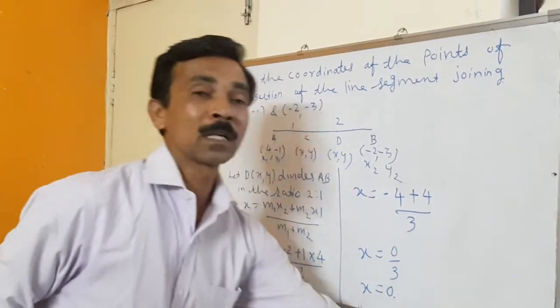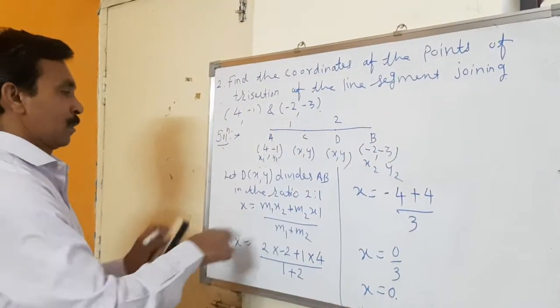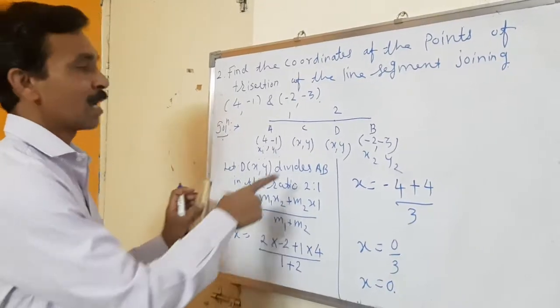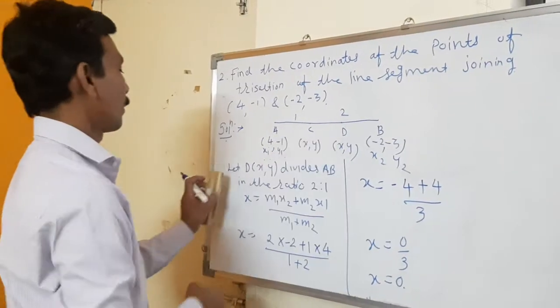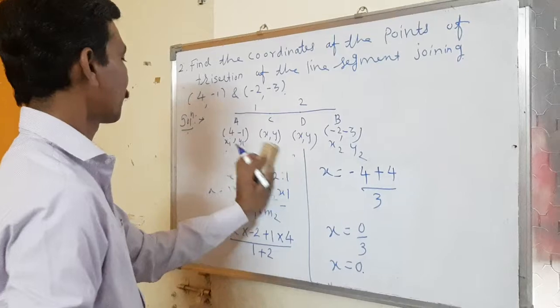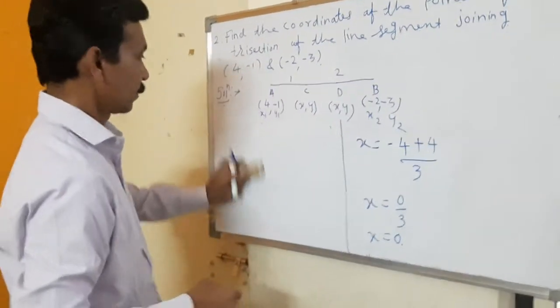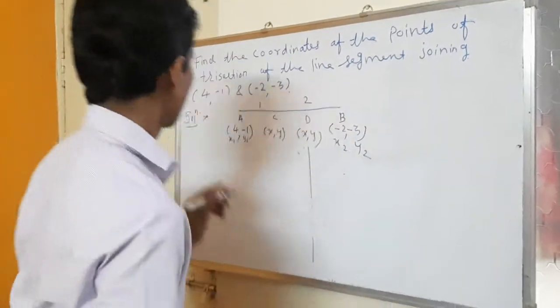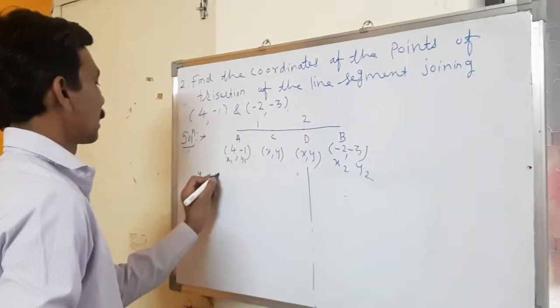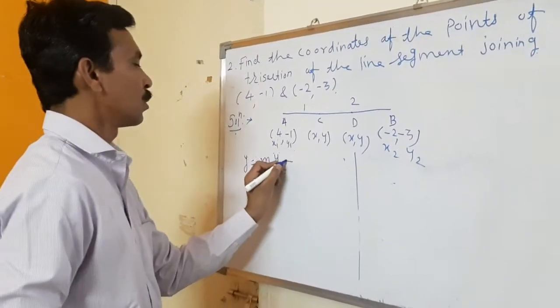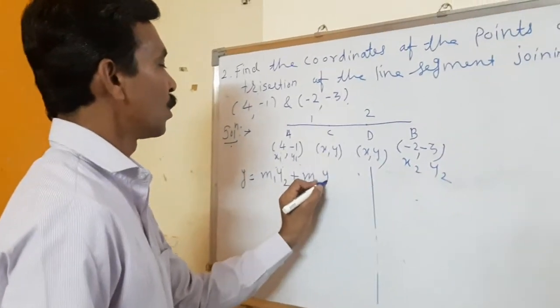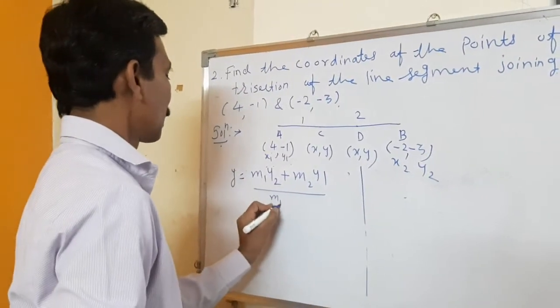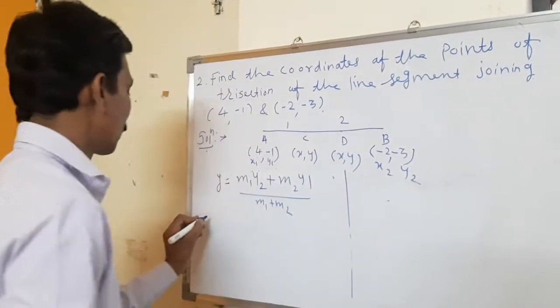Now I will find for y coordinate. Ratio will be 2 is to 1 because we are finding the coordinates of D. Y is equal to m1 y2 plus m2 y1 upon m1 plus m2.